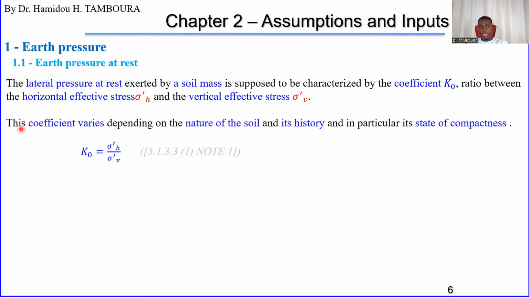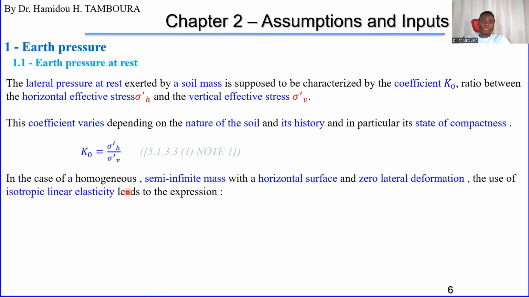So this coefficient is influenced by the nature of the soil and its history. It means, for example, if the soil was loaded before, or if the soil has never been loaded before. And it depends also, in particular, on the state of compactness, if the soil is compact or not.